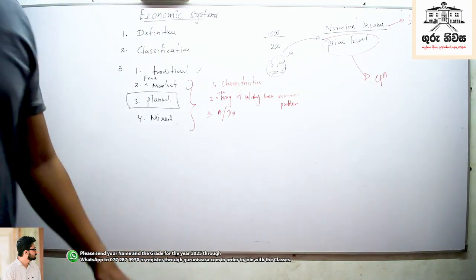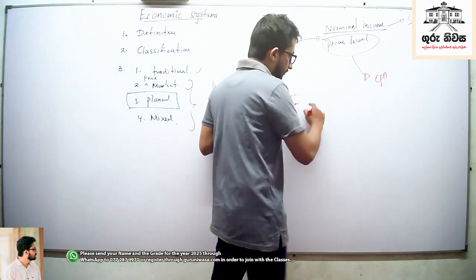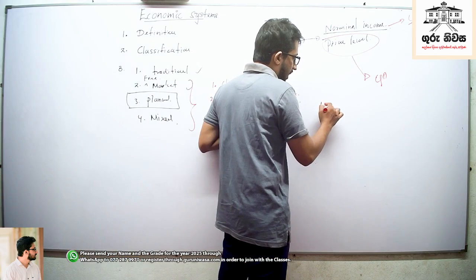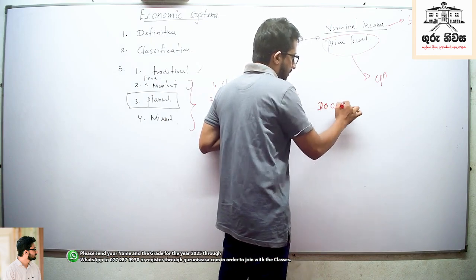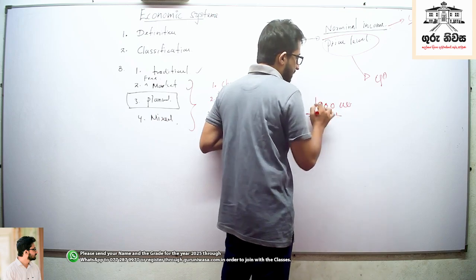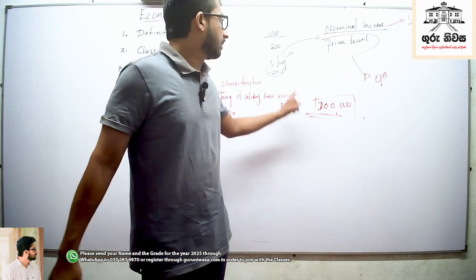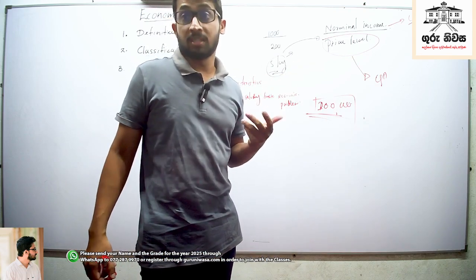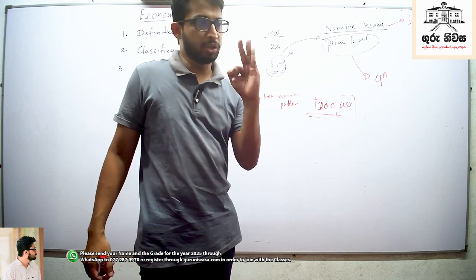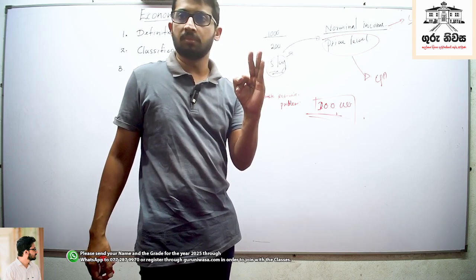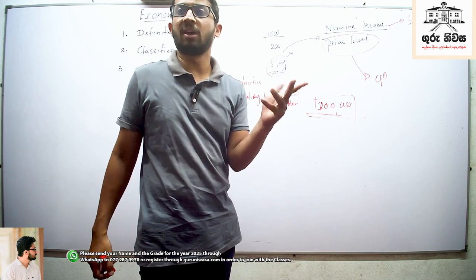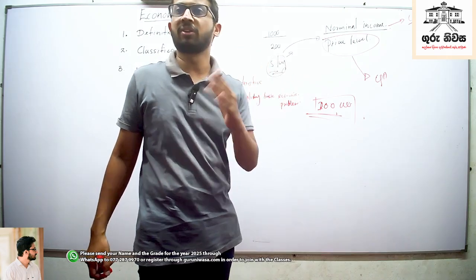The government decides a doctor can earn 100,000 or 200,000 per month. This is the salary. The government decides it, right? And all prices of goods and services as well. One unit of rice should be sold at 200 rupees or 250.